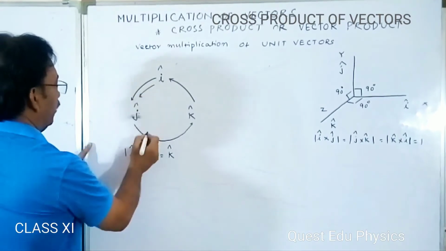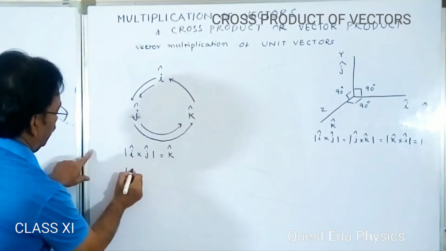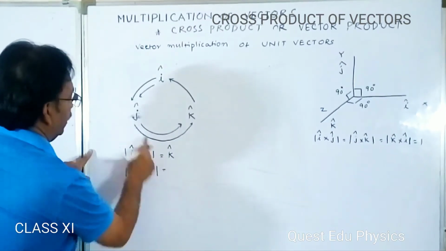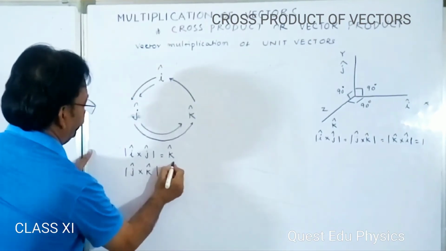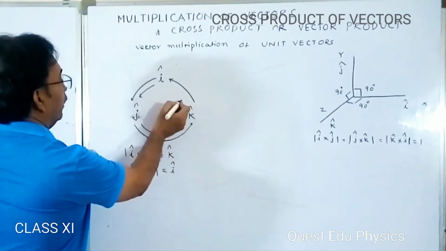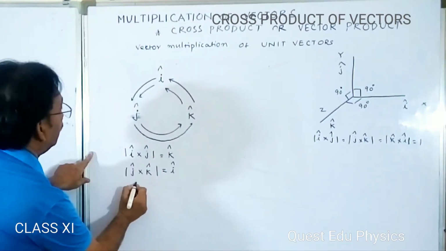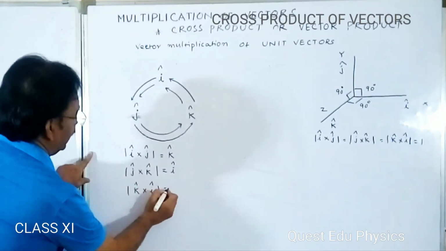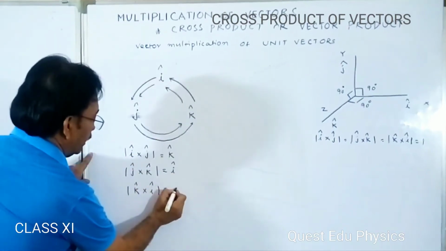It's over. Then after we are multiplying j with k, j cross k, to get i. And similarly, k cross i is equal to j.